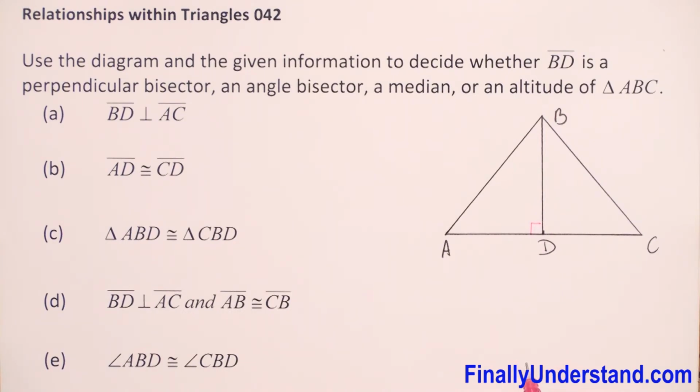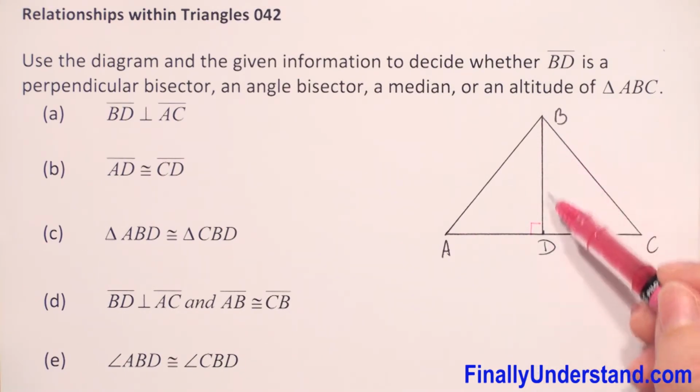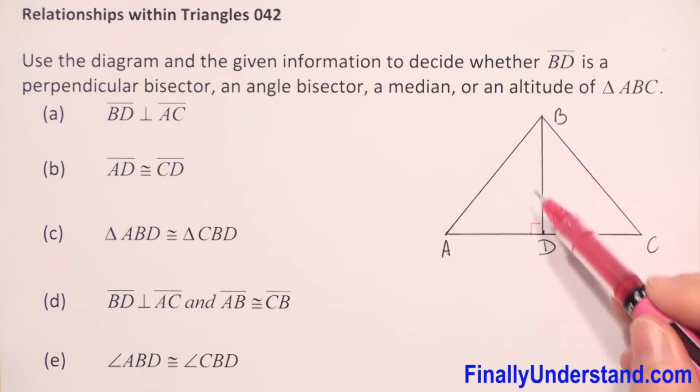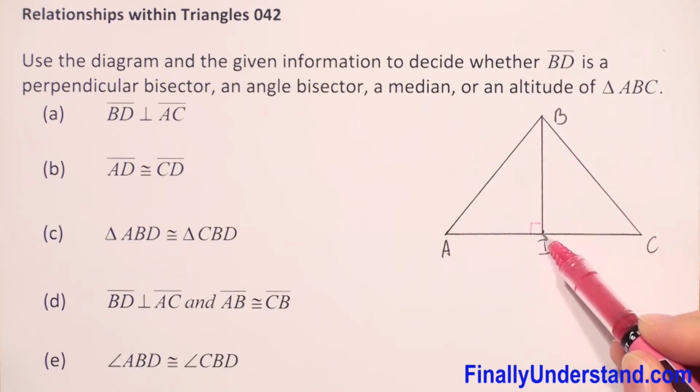Why? Because an altitude of a triangle is the perpendicular segment from a vertex to the opposite side or to the line that contains the opposite side.